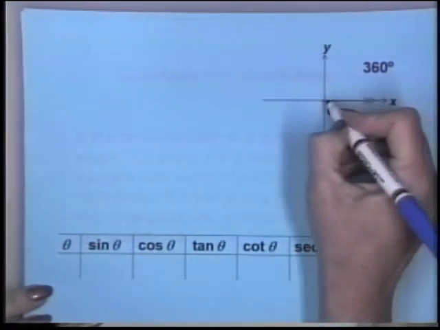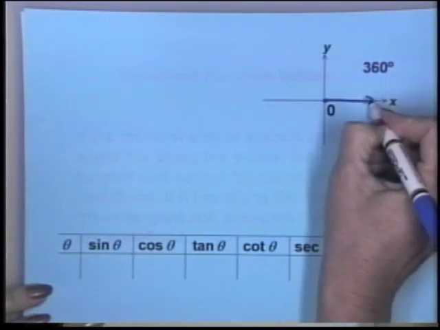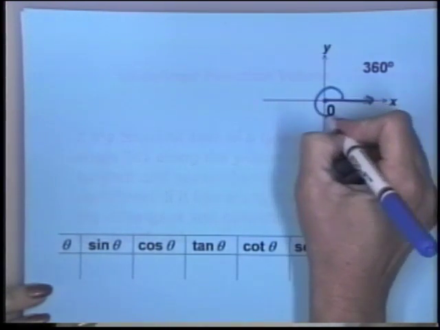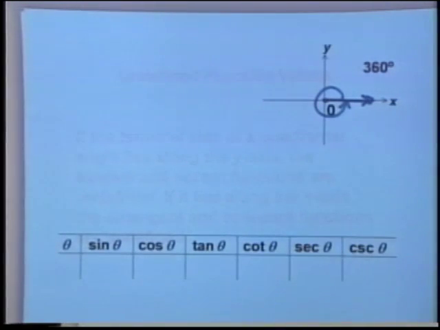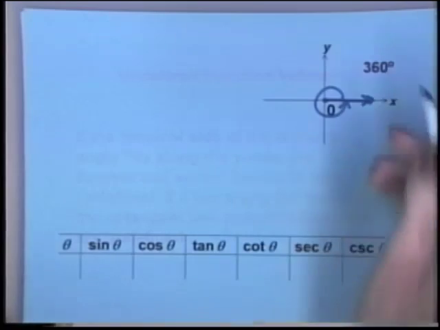For 360 degrees, initial side, rotate, terminal side, looks just like 0 degrees except for the rotation, doesn't it?